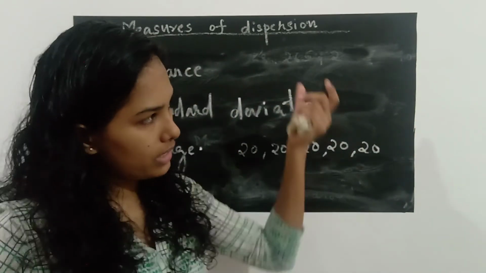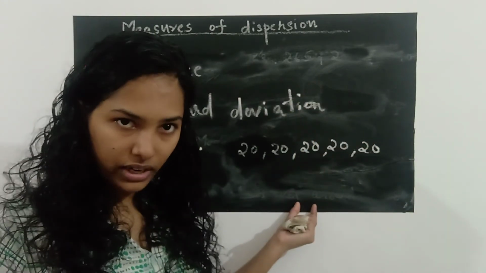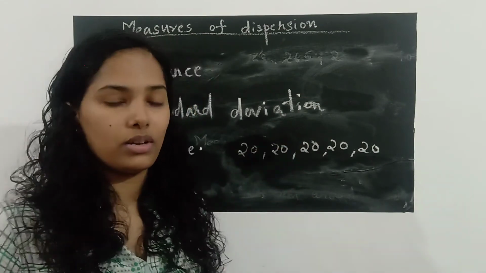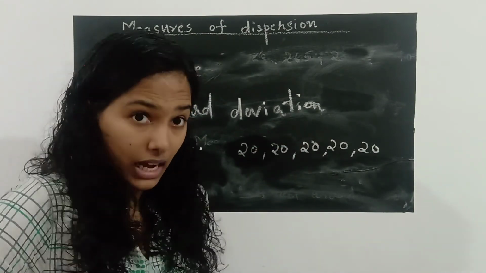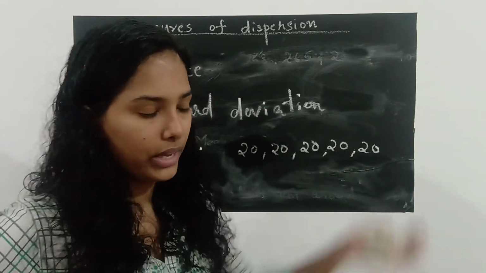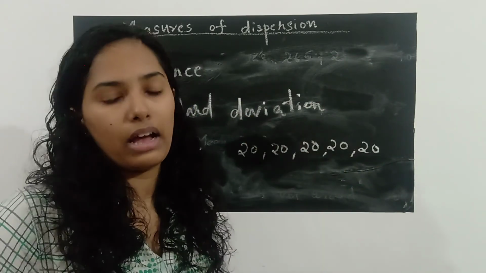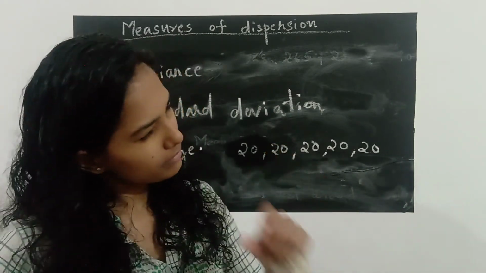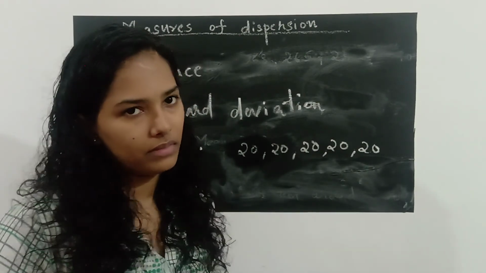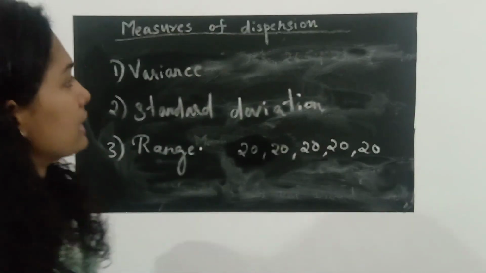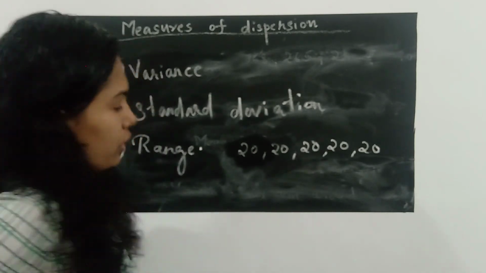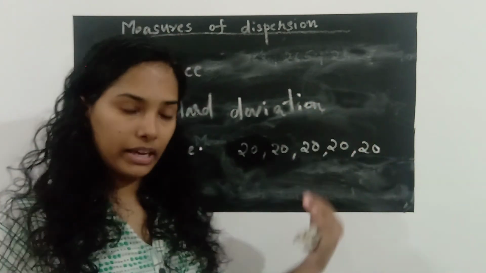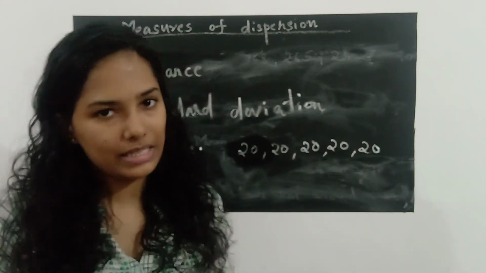If the difference between an item and the average is high, then we can say that the dispersion is high. And if the difference between an item and the average is small, then the dispersion is relatively small. So the dispersion of data items can be described using variance, standard deviation, and range. We'll see these one by one with some examples.